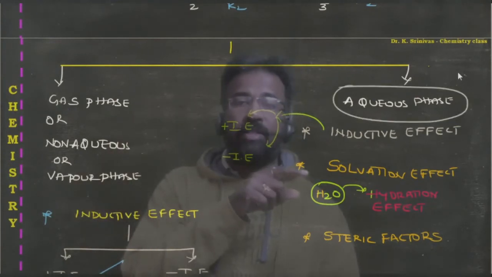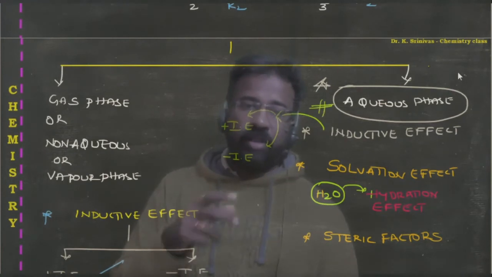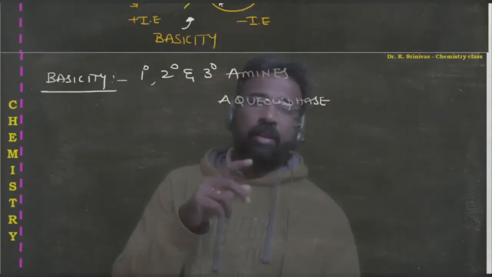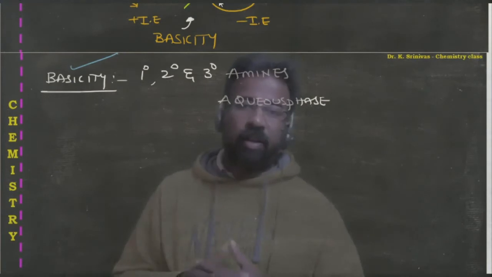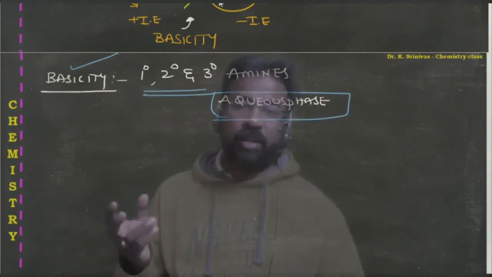Let us go back to this one. Here we have discussed the gas phase. Now we have to discuss the aqueous phase. We are done with the inductive effect already, but now we'll try to understand it in detail.